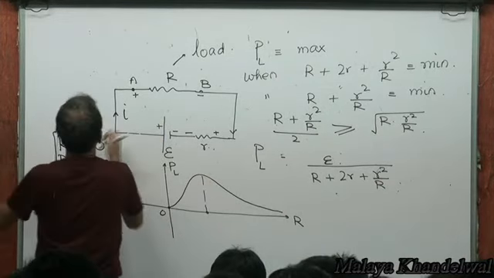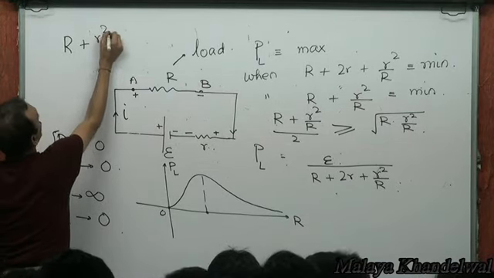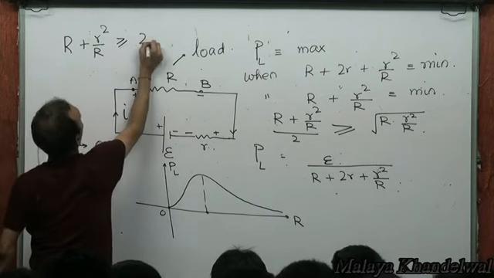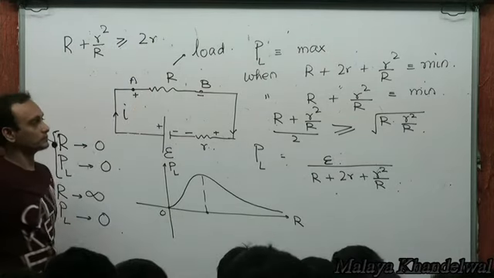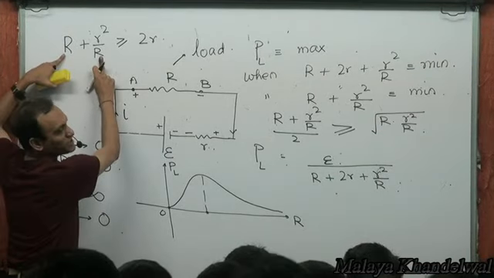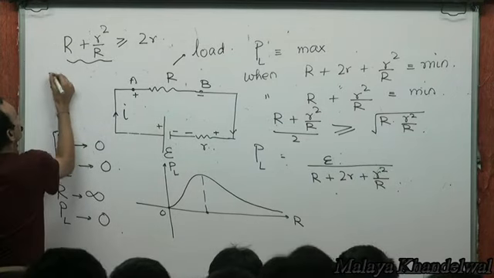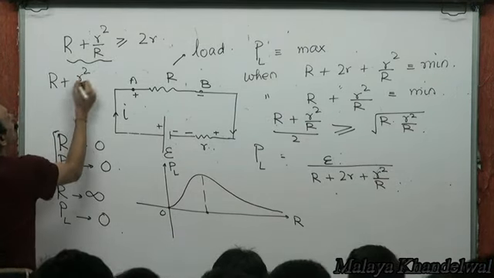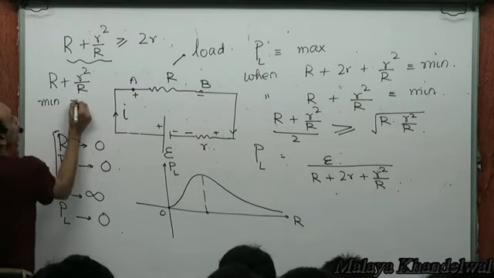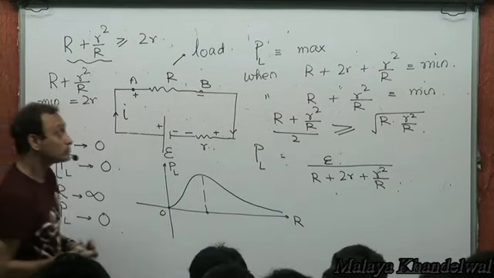Which means R plus r squared by R will be greater than or equal to 2r. That means what's the minimum value of this expression? The minimum value of this expression is 2r.